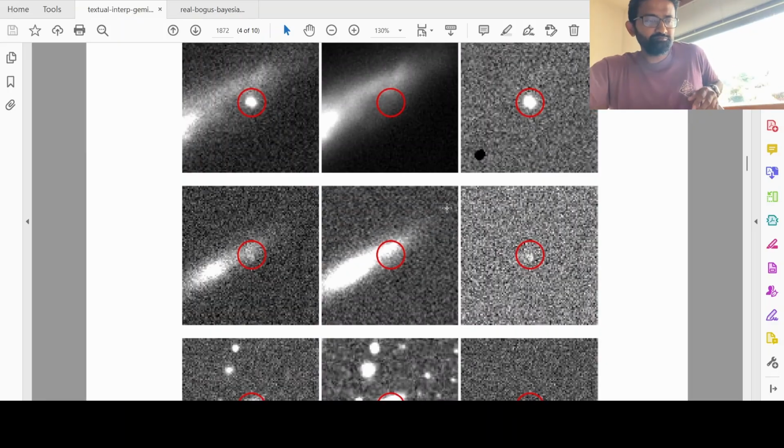So let me take you to some examples in a paper. Here they clearly show the current science image, the one that you're seeing on the left, and then it is compared with a template image.